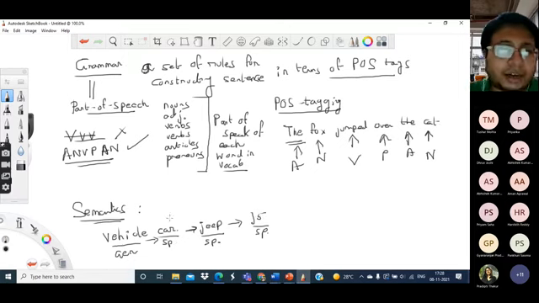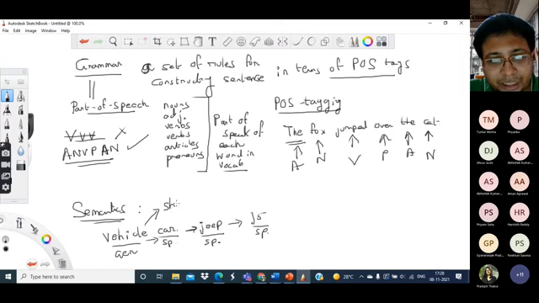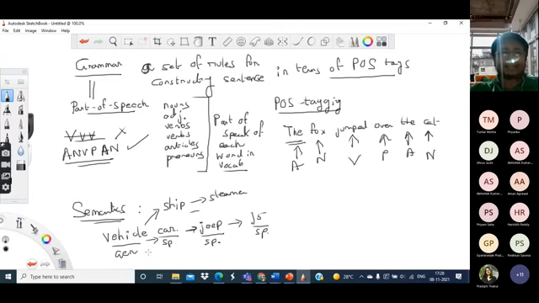Then similarly, under vehicles, you can also consider other words, like, for example, ship. Then from ship, there may be more specific ones, like steamer, and so on. So the thing to note here is that each of these words is a word in the vocabulary.